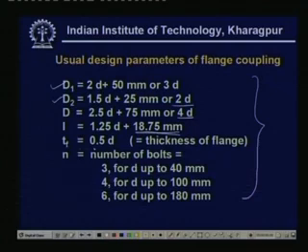Tf, the thickness of the flange, which I told in the last slide, is 0.5 d, and n, the number of bolts, may be 3 for d up to 40 millimeter, 4 for d up to 100 millimeter, 6 for d up to 180 millimeter. So, these are the usual dimensions which are maintained in practice.